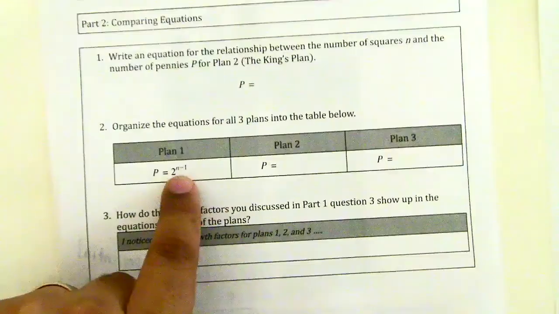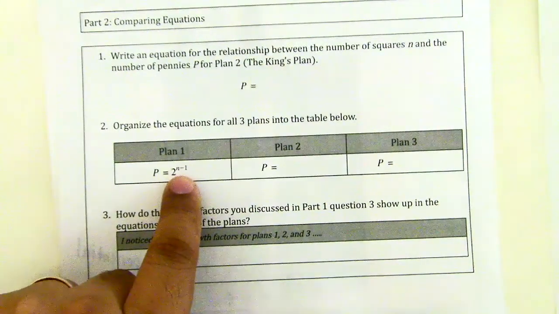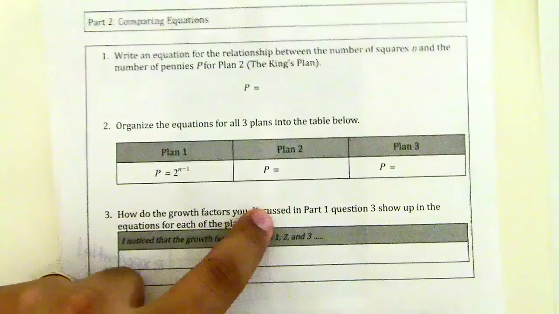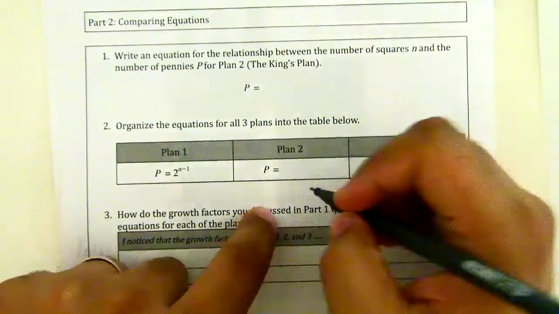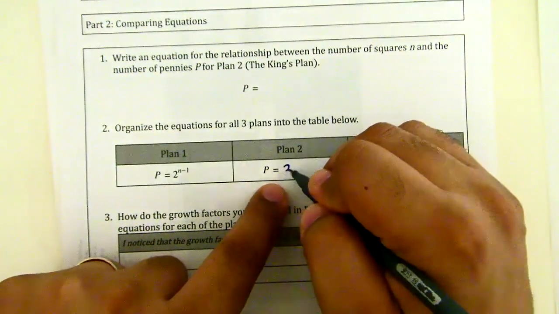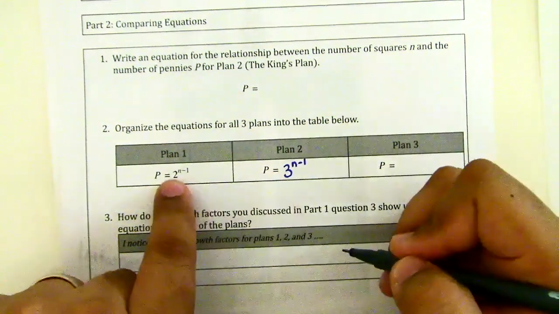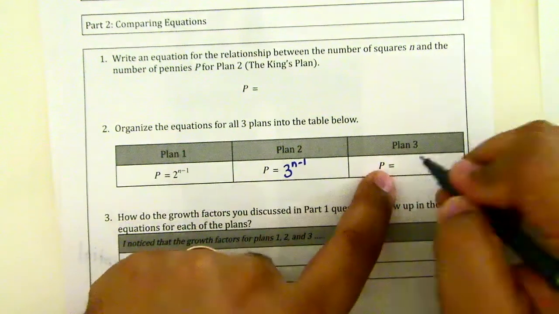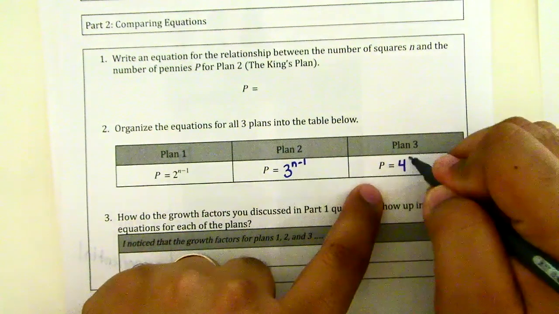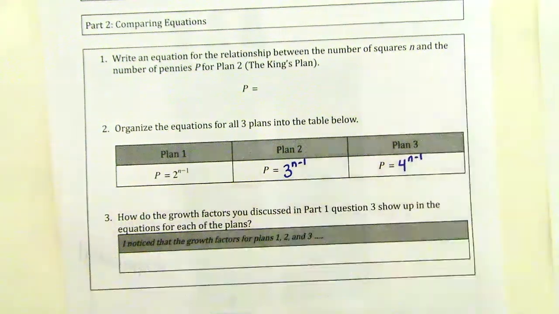This over here had a growth factor of 2 because we kept multiplying by 2. So if you think about it and play around with it, the equations are actually extremely simple. All I need to do is change the 2 here to a 3, and change that 2 to a 4 here. So those are your 2 equations, 3 to the n minus 1, 4 to the n minus 1.